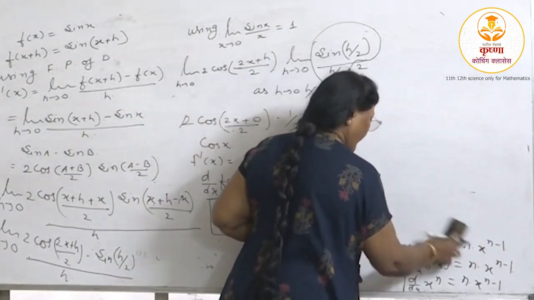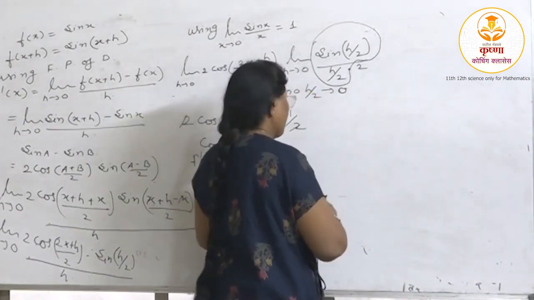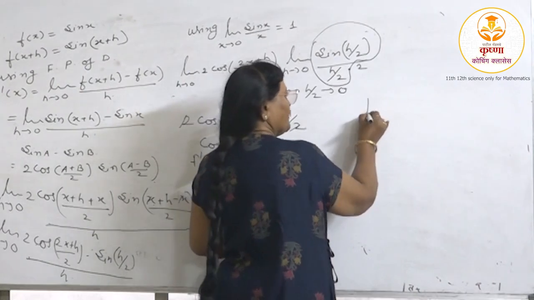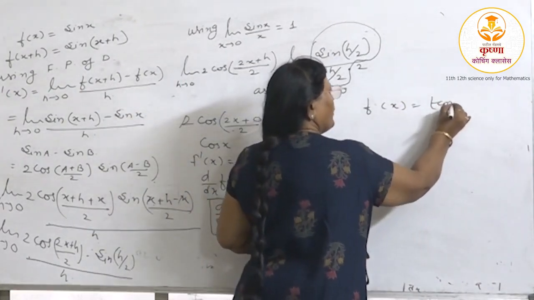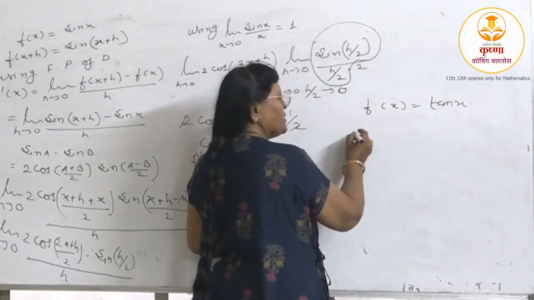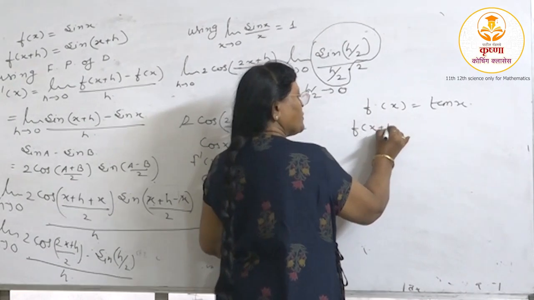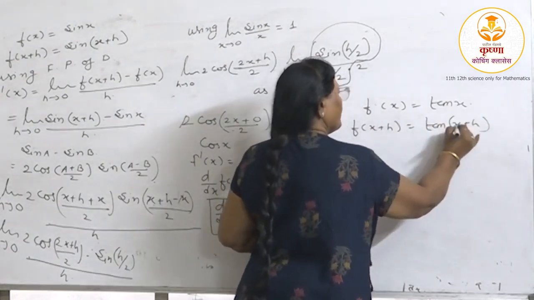Again, in a similar manner, you can find out the derivative of cos x. Now, suppose the function is given as f of x equal to tan x. How will you find out the derivative of tan x? With the help of the first principle, isn't it? Again, f of x plus h is equal to tan of x plus h, right?